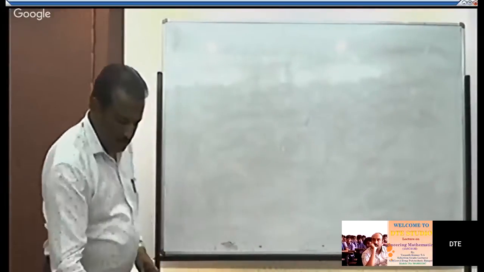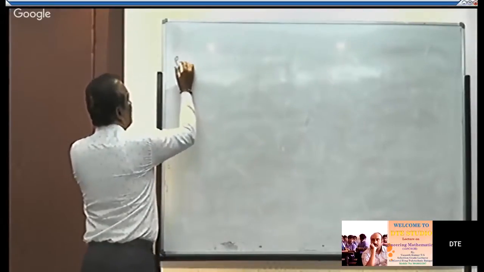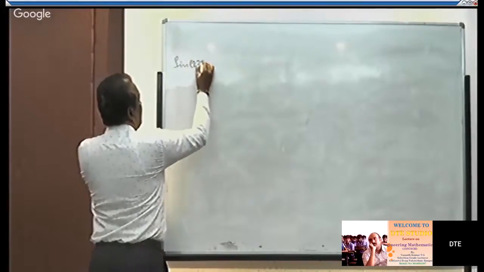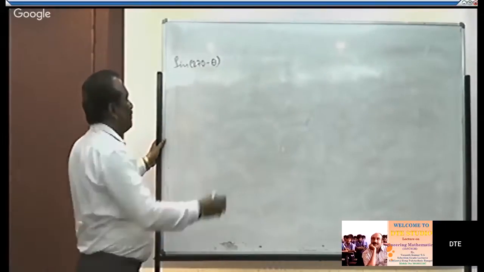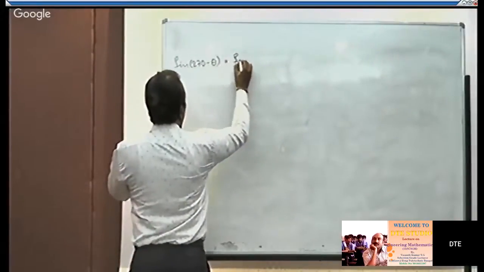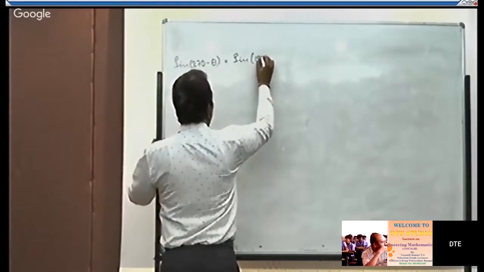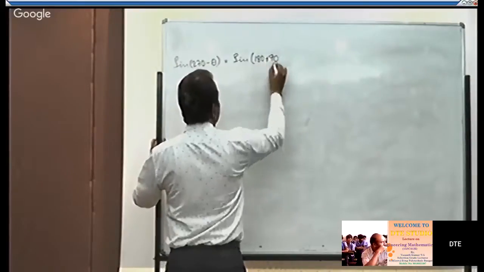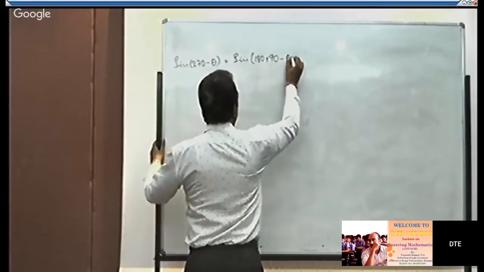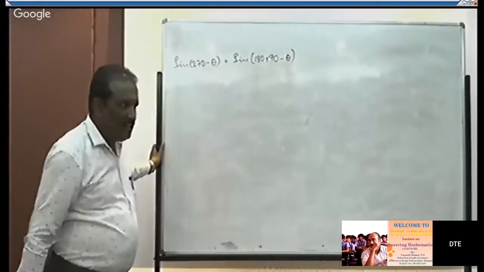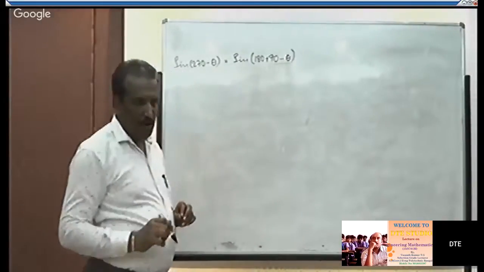Now, connect all the 6 trigonometric functions for an angle 270 minus theta. Now, sine of 270 minus theta. You can write sine of, split 270 as 180 plus 90, because 180 plus 90 gives 270. So, remaining is minus theta. As in the previous cases, assume 90 minus theta as theta in your mind.